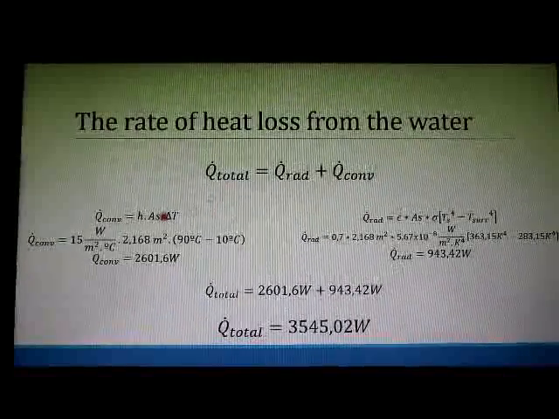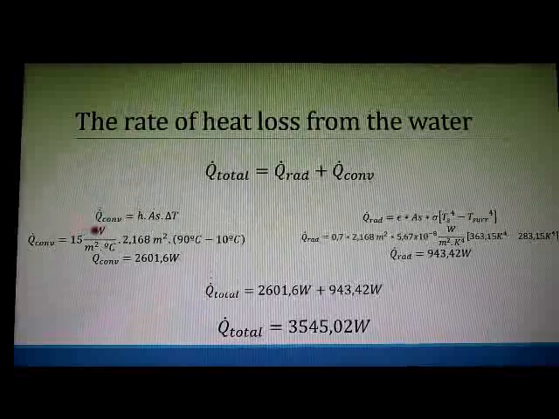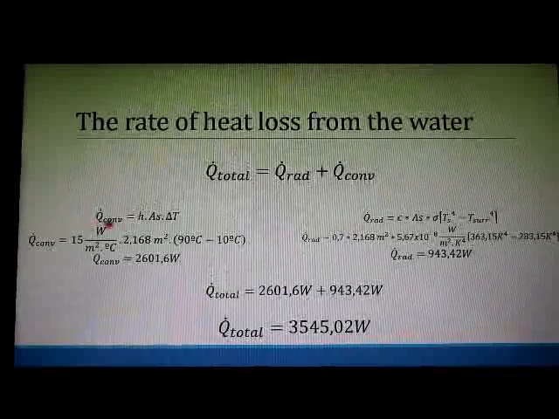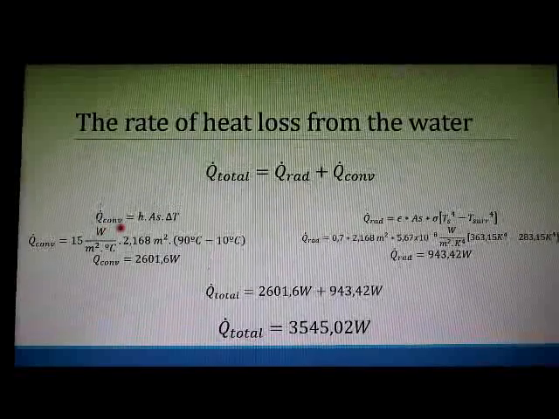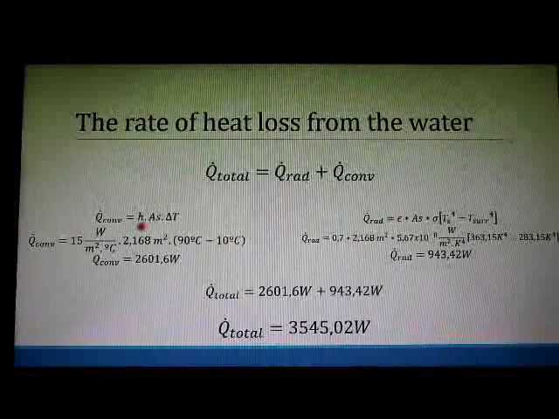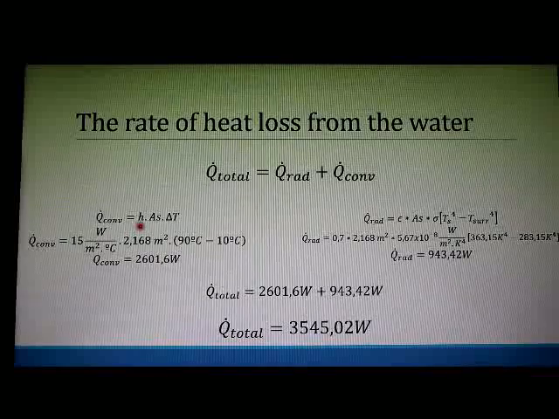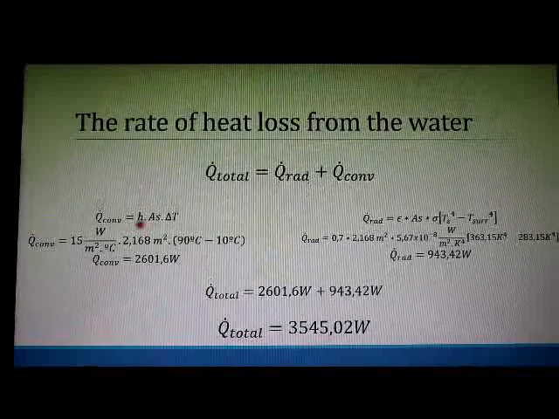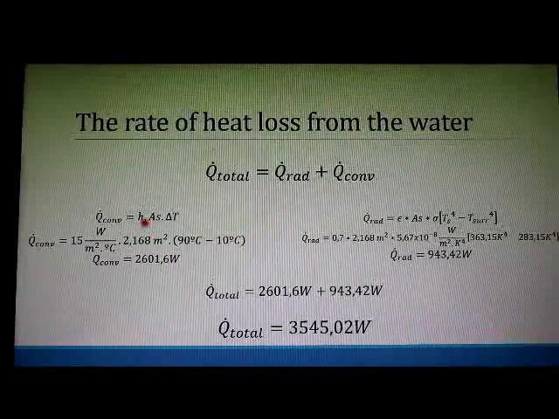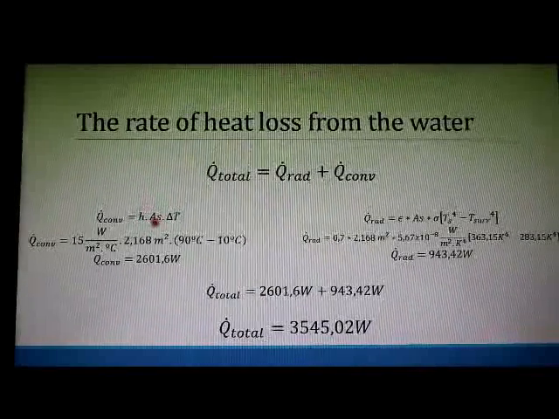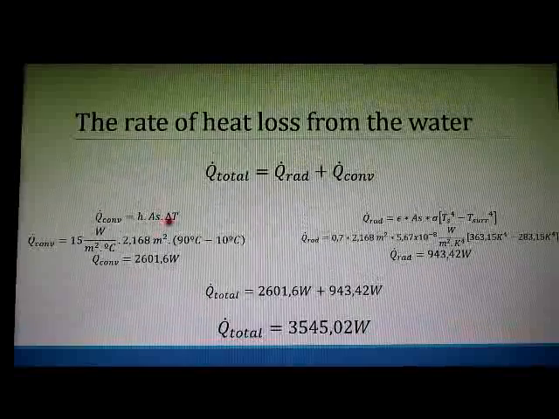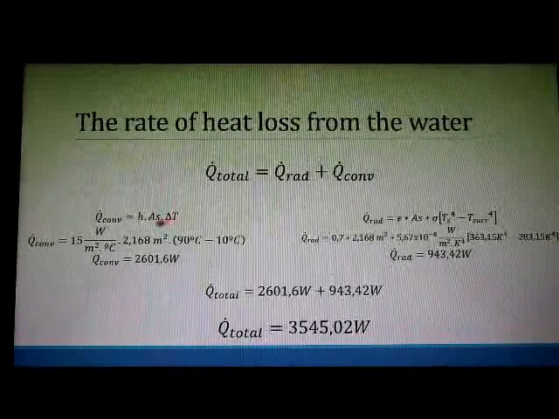First, we're going to find the transfer by convection. This is the equation for heat transfer by convection: convection coefficient times outer area times the difference between the temperatures.